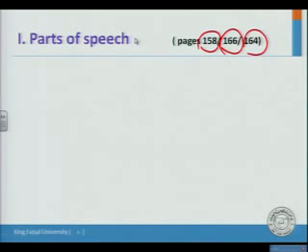A sentence might be simple, a sentence might be compound, and a sentence might be complex. A simple sentence is a sentence which contains at least one subject and one verb.